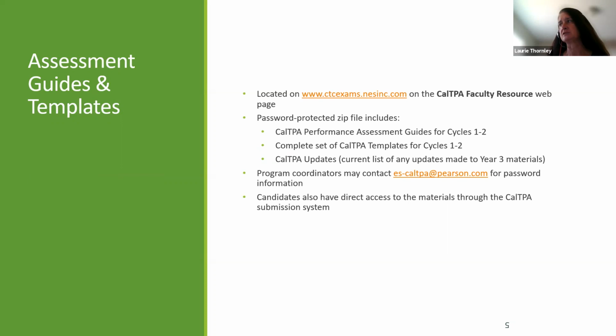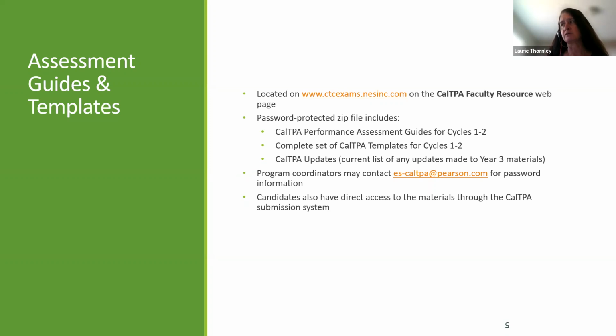If you navigate to the CalTPA faculty resource page and scroll down to the assessment materials section, there is a password protected zip file. In that zip file are copies of all of the assessment guides and templates that candidates will use to submit their cycles.